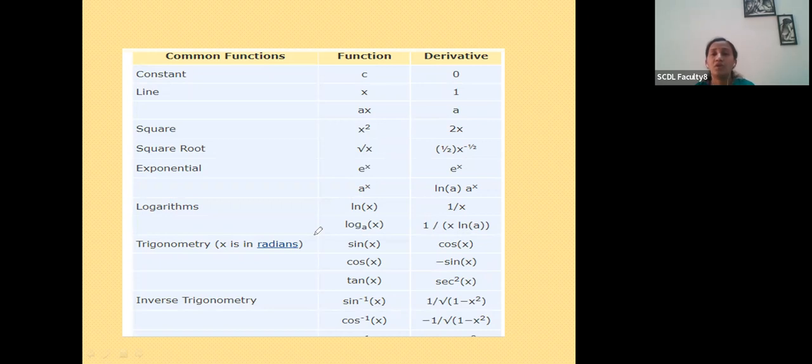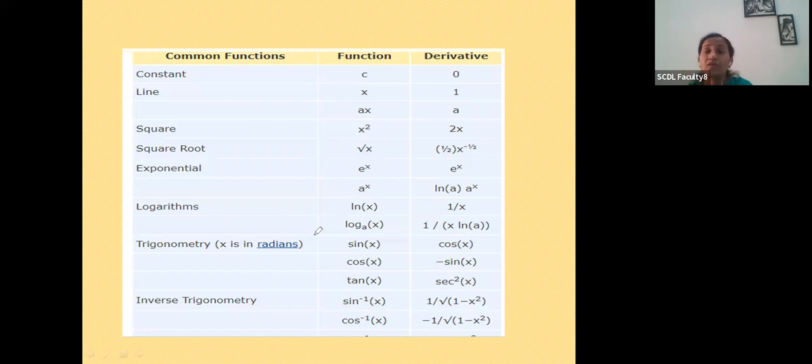When we go with trigonometry, here we have to find the derivatives of the trigonometric functions also. In trigonometry, we are using the functions like sin x, cos x, tan x, cot x, sec x, cosec x. So that also is present in derivatives.